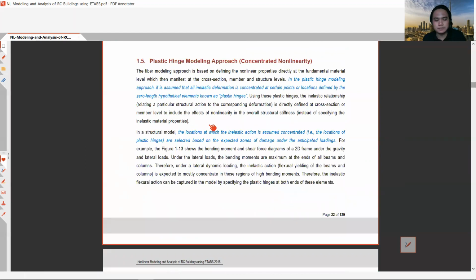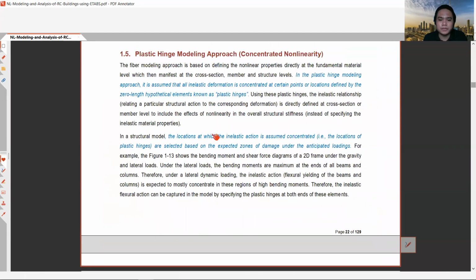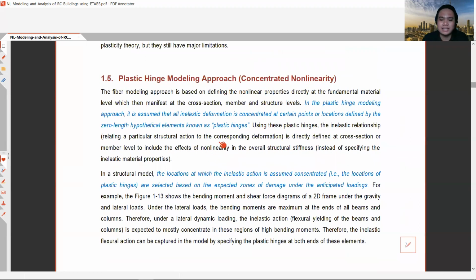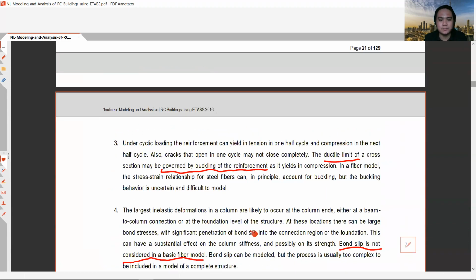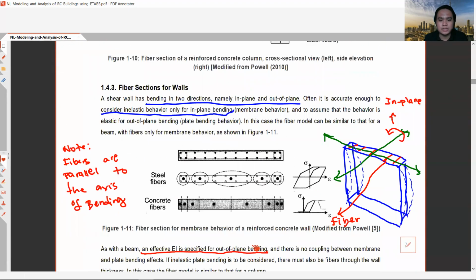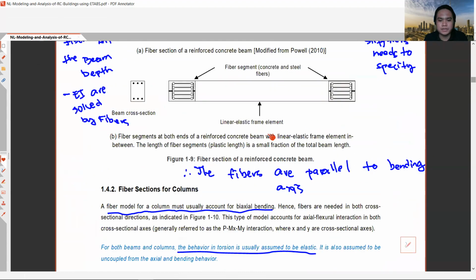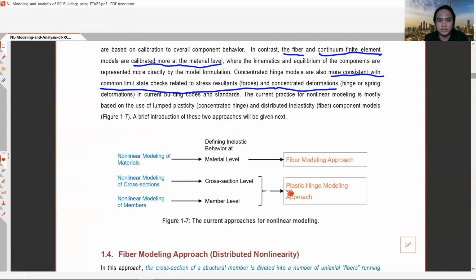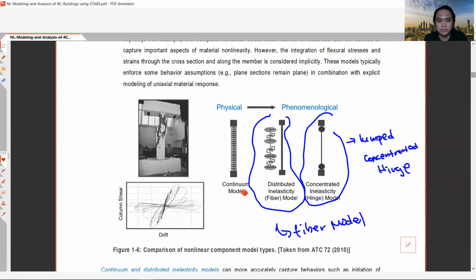Pag-aralan natin. Okay, so in chapter 1.5, the plastic hinge modeling approach or the concentrated nonlinearity. So recall for the plastic hinge modeling approach is ganito siya. Okay, so we have three types, di ba? Meron tayong three assumptions, or the three approaches are the continuum model, distributed inelasticity or fiber model, and hinge model.